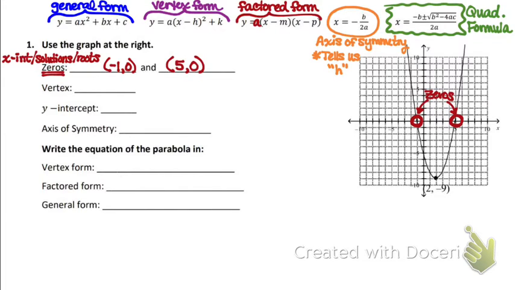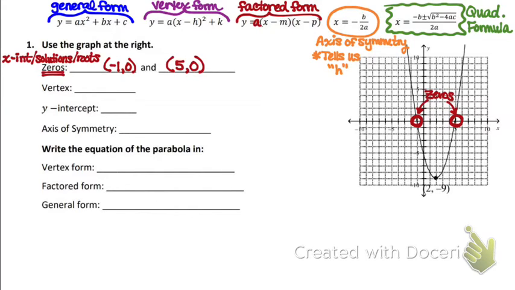I want to make sure that we know all the different ways to recognize them, because if it shows up in a multiple choice question, I want to make sure that you know how to pick out which ones are correct. All right? So my x-intercepts, if they're written as ordered pairs, the place on the x-axis comes first, and then a 0 for the y spot.